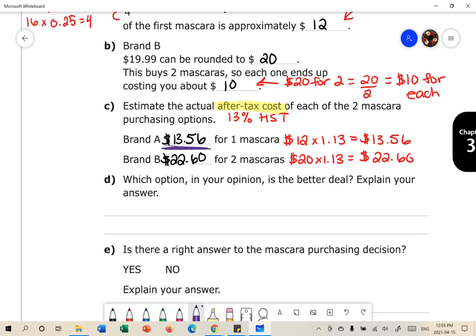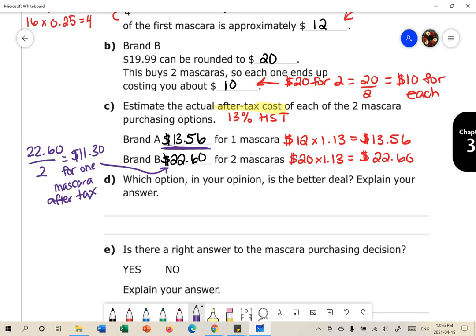The cost of one mascara for brand B is $22.60 divided by 2, which is $11.30 for one mascara after tax.